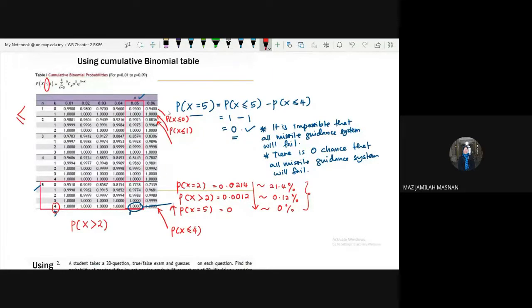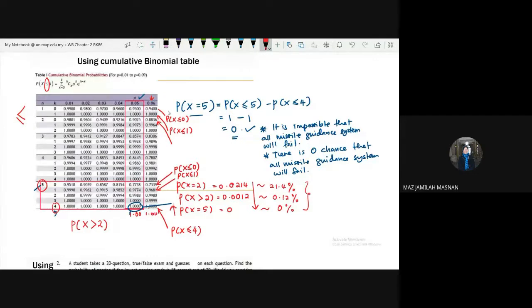So if we are talking about 5 trials, with probability of success 0.06, this one is actually P(X ≤ 0). This one is P(X ≤ 1). Until the last number of trials, it should be 5 actually, but since you already have 1, that's why the 5 is not shown here, but it's actually 1 here.